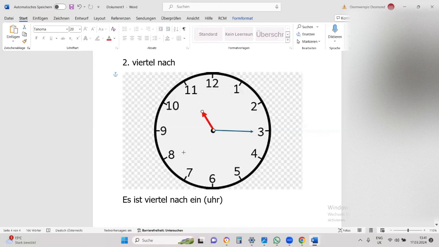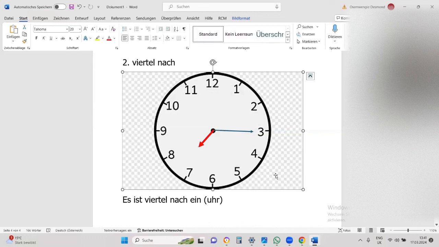And for the last one, it passes 7. Wie spät ist es? Gut. So that way, es ist Viertel nach 7.